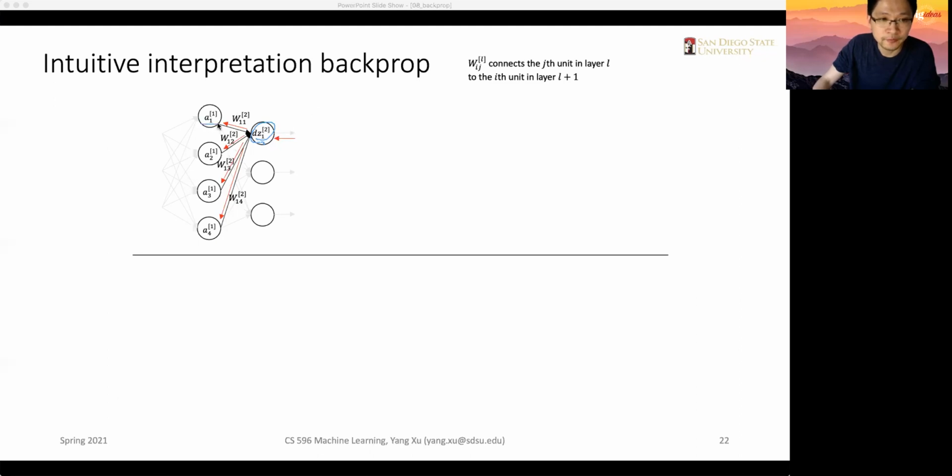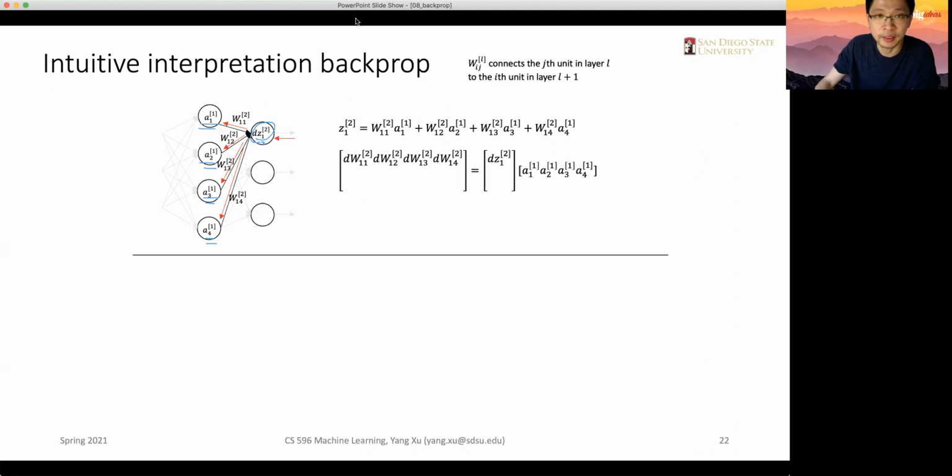actually all 4 activation units in the previous layer contribute to dZ1, right? If you look at the formula, when we compute Z1, we actually use A1, A2, A3, and A4.